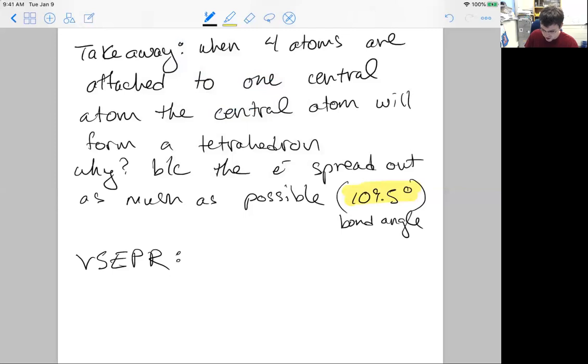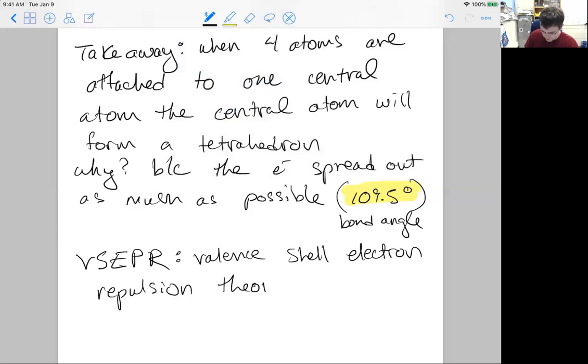So this is valence shell electron repulsion theory. So you can see kind of valence, shell, electron, and it's pair probably, electron pair repulsion theory.